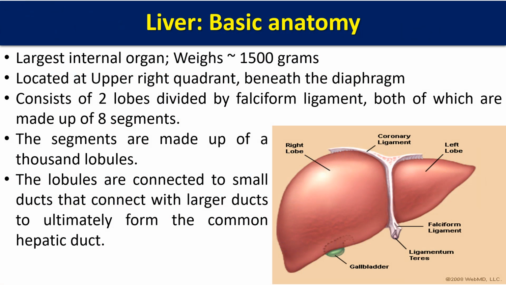The liver contains two different lobes, which are divided by the falciform ligament. As you can see here, this is called the falciform ligament. If you look at it visually from the external side, it looks like two different segments, and both lobes are made up of 8 different segments.